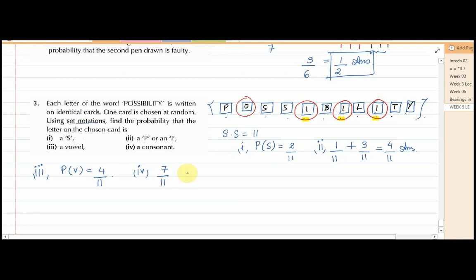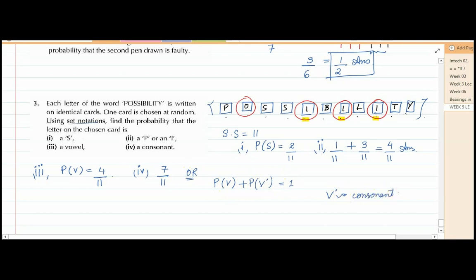The second method is that you can say that probability of a vowel plus probability of not a vowel is equal to 1. Basically, not a vowel is a consonant, right?